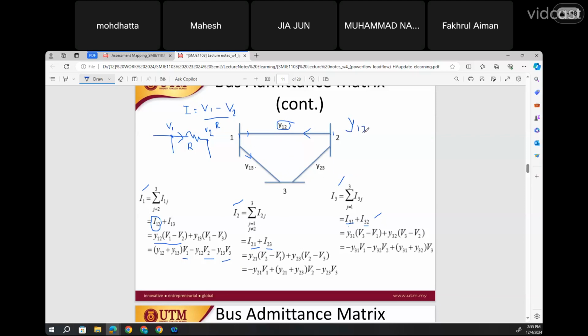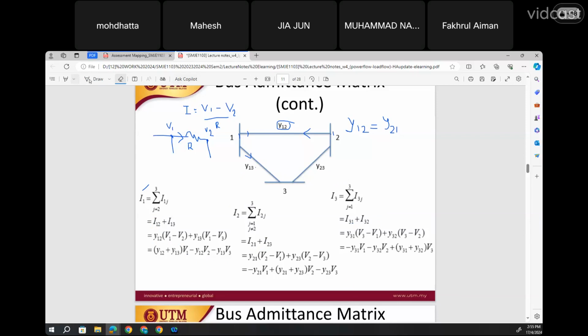Y12 is also the same as Y21, because it's the same value of admittance that we have over here. All right. So if you go through all this, you will end up with 3 equations, as I mentioned earlier, since we have 3 buses in our system.